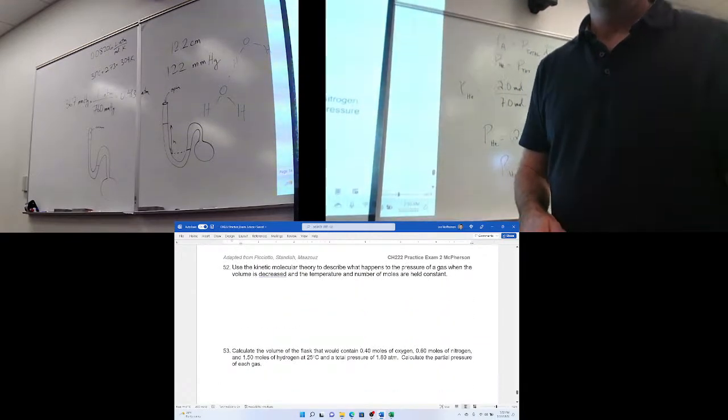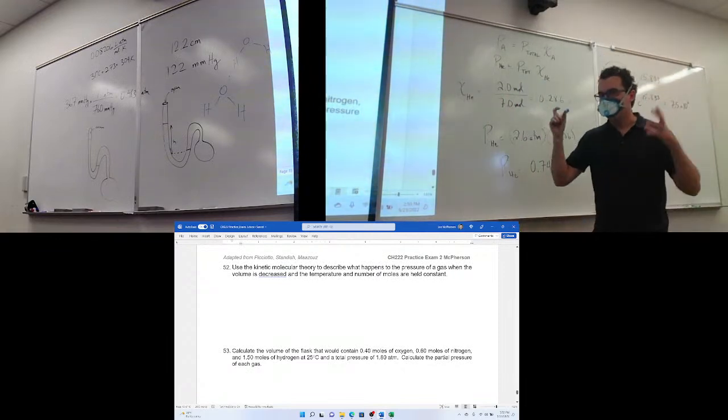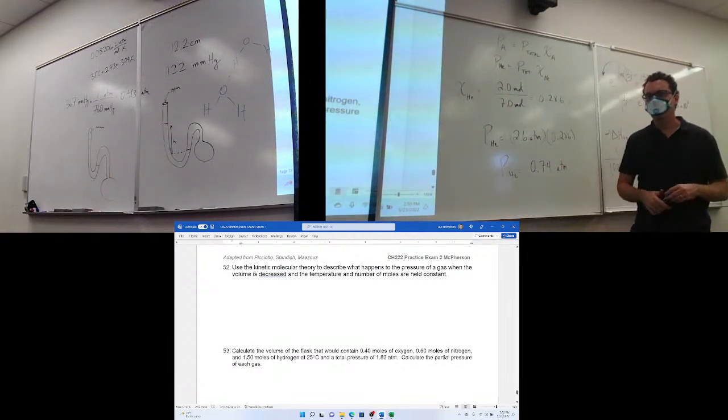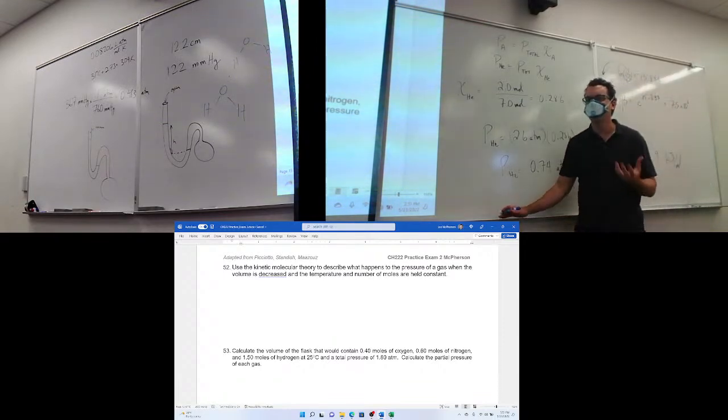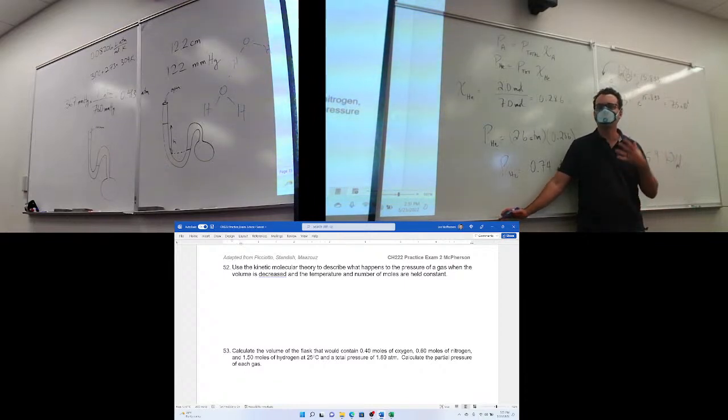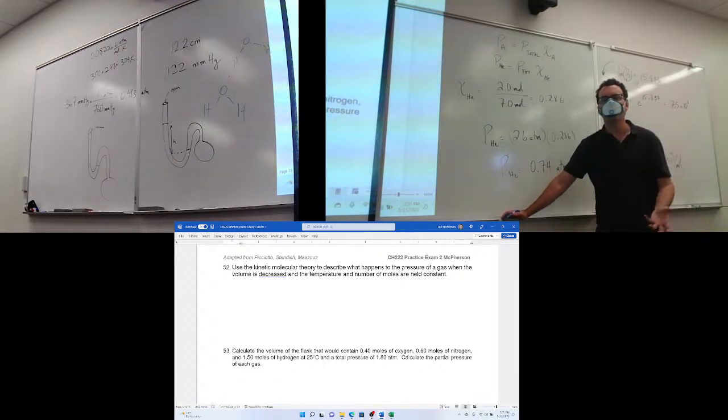These are good ones for explain questions, and that's kinetic molecular theory. At the molecular level, what's causing the pressure to increase when you do something? If you increase the temperature, why does the pressure increase? You don't give me the P equals nRT answer.